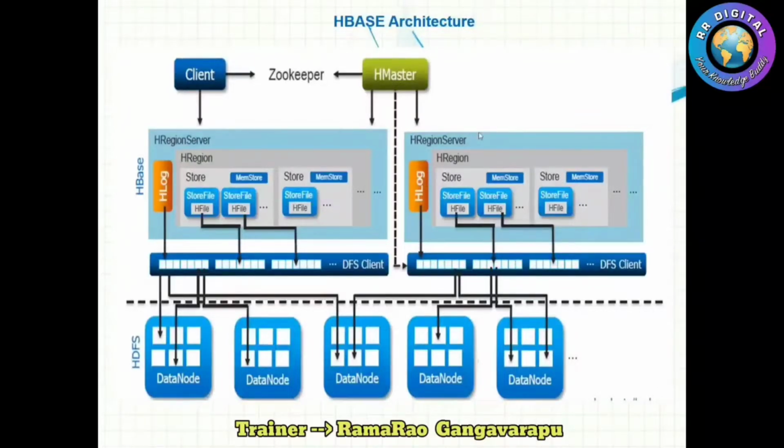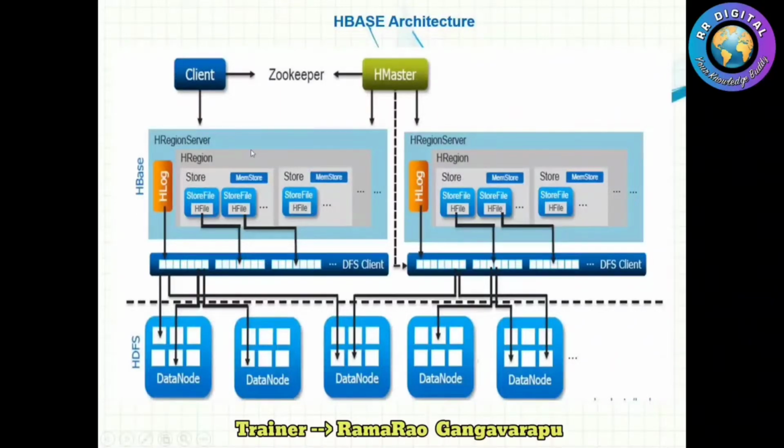So now if you have a data file, and you are using HMaster, then immediately that request goes to HMaster. Then HMaster will assign a region server. Okay, so here you see H region server. Basically in real time, we have multiple region servers in parallel.